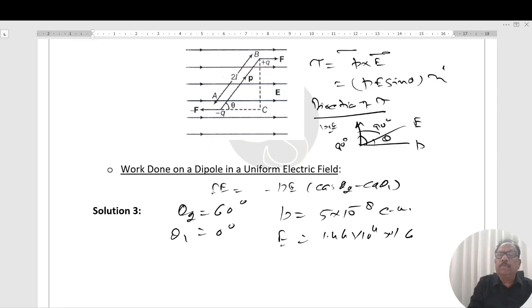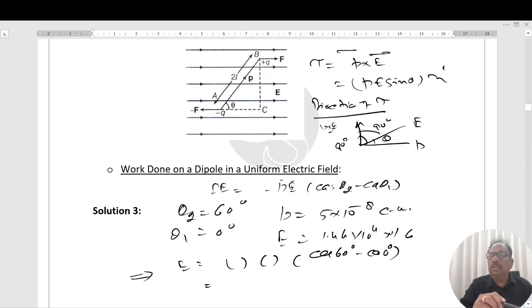Now the formula is available with us. P is known, E is known, cos 60 minus cos 0, that is PE. Put in the values of P and E, and on simplification it comes out to be 3.6 into 10 to the power minus 4 joule.